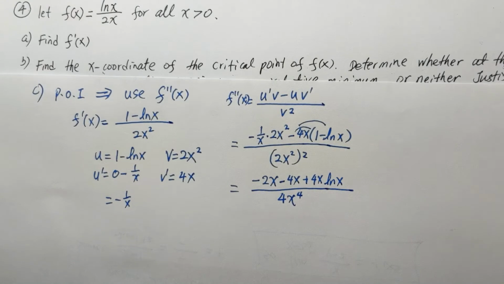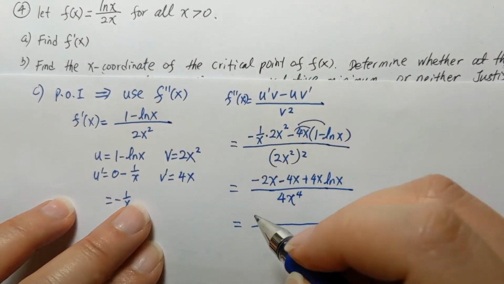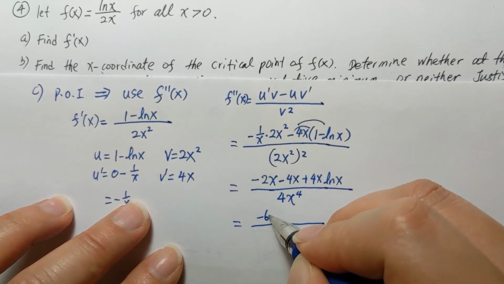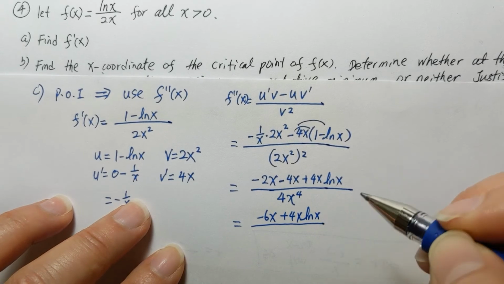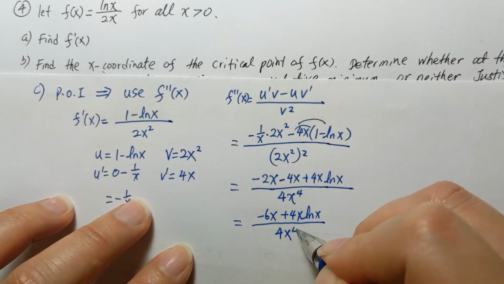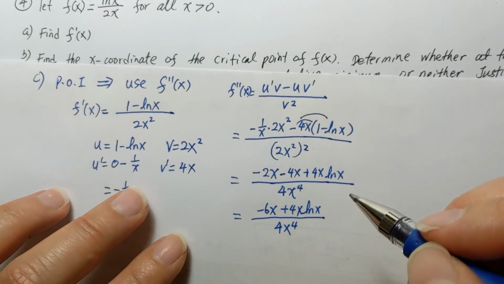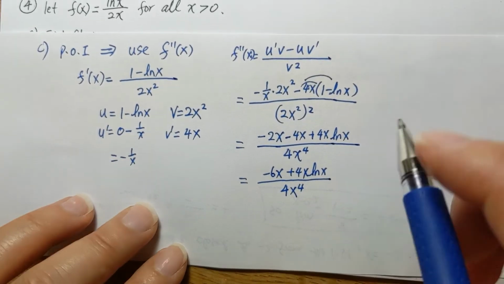So now I get the combined like term. So I get negative 6x plus 4x ln x. And then I got the x to the fourth. So we got our second derivative.